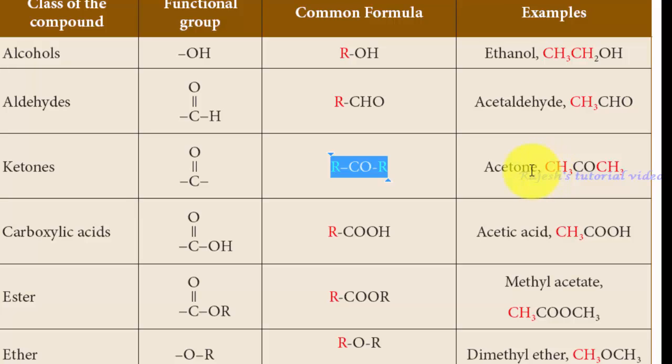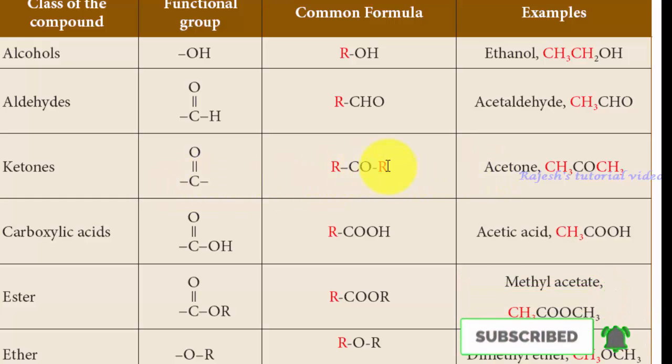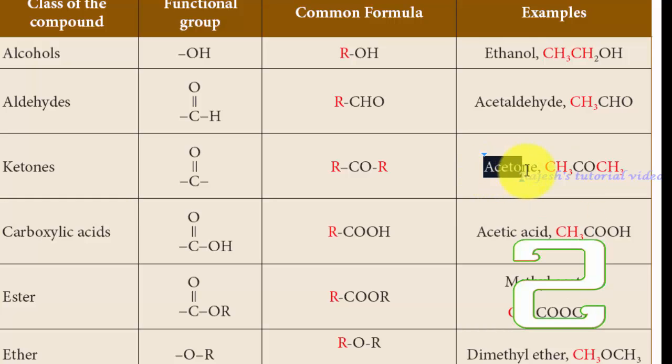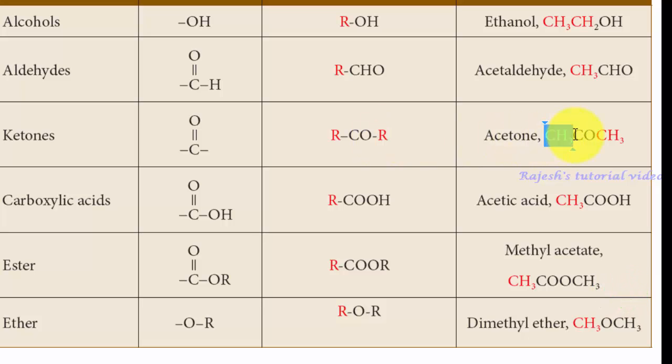So to represent two different alkyl groups, we put a dash above one R. So RCOR dash. The common example is acetone. Simplest ketone is acetone, because for the C double bond O, one side the simplest alkyl group is CH3 and the other side also CH3. So it is the simplest ketone, that is acetone. The common nail polish remover we use is this acetone.